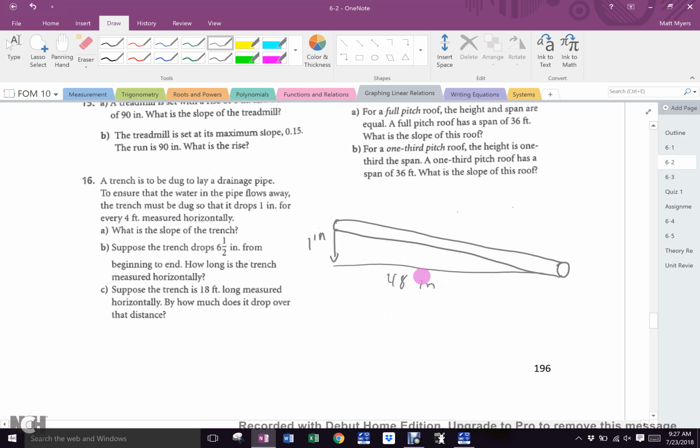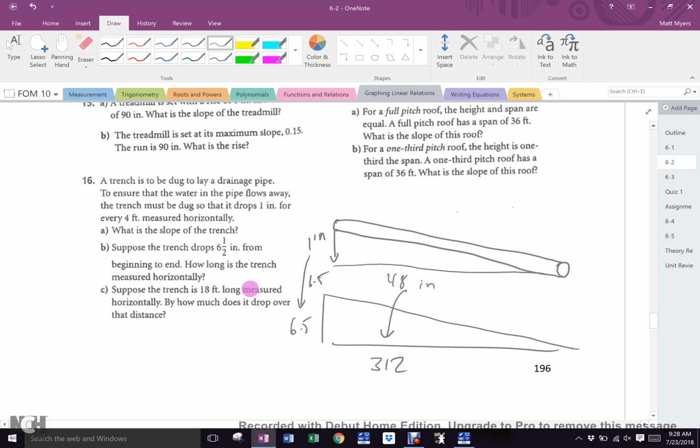So if I actually have to drop the pipe down 6.5 inches, what did I have to multiply this number by to get to 6.5? So what do I have to multiply 48 by? 6.5, which would be 6 times 40 is 240, 288 plus another 24, 312.